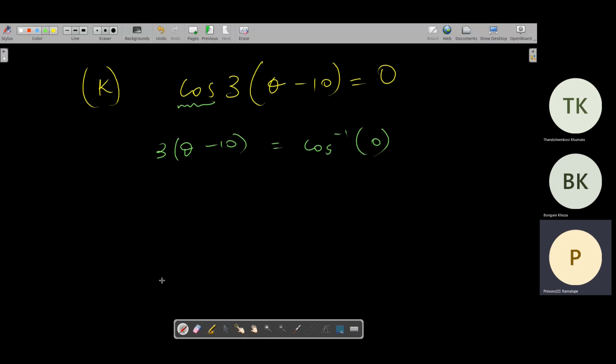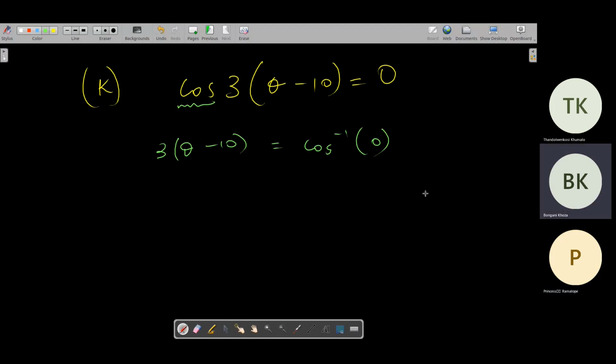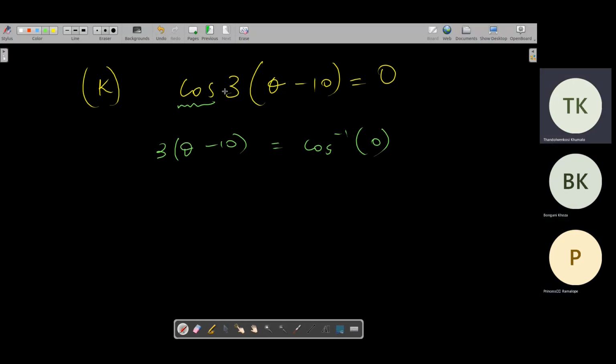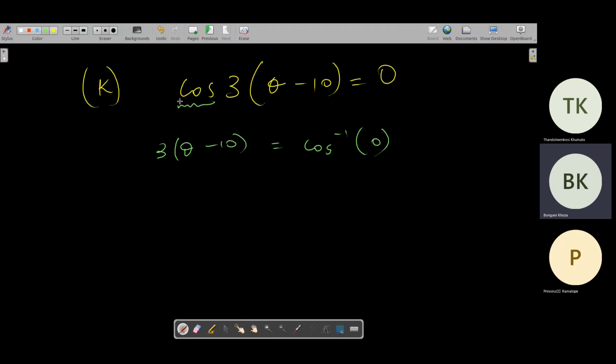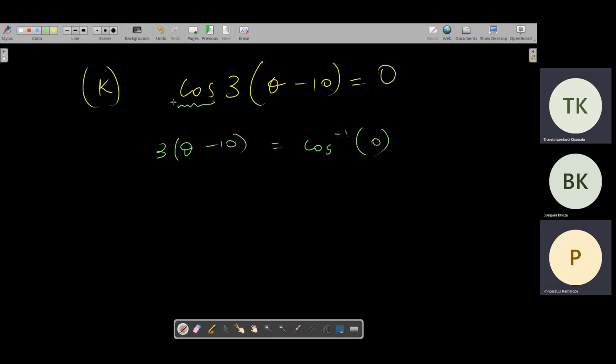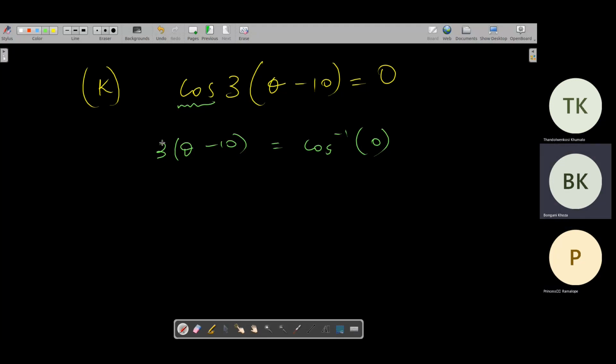You can have this multiplied in, it's still fine, or you can just leave it like that. So having 3 theta minus 10, it equals what's the cos of 0?